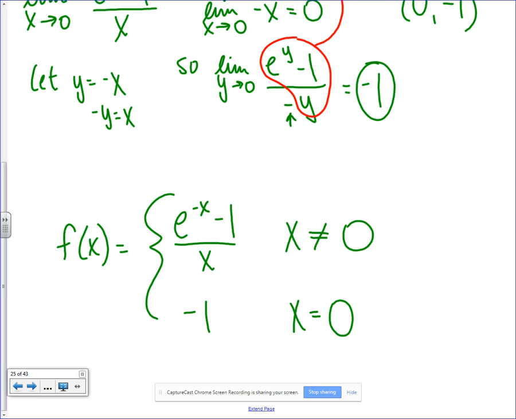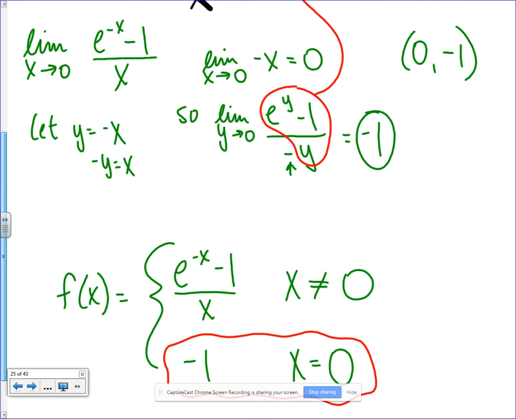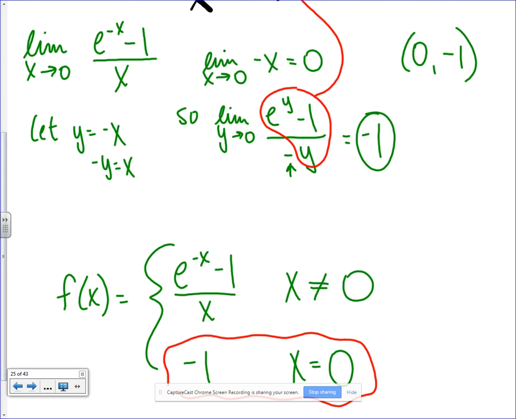So basically, it's kind of like a hiccup where I'm going to fill in my hole with this bottom piece right here, because I found out by doing the limit that the y value would in fact be -1. Okay, so we have redefining your functions for you, and you'll have 2 of those in your homework tonight.